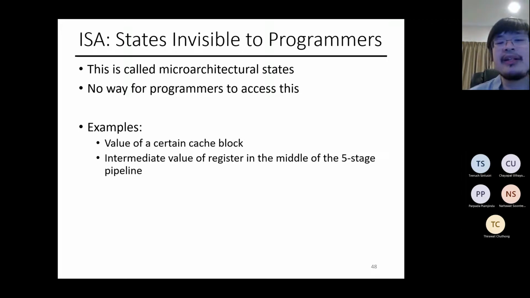What are the intermediate values of the register in the middle of the 5-stage pipeline? For those of you who went through a computer engineering or computer science degree, you might have heard about the 5-stage pipeline. You might have learned about it sometime while you're taking the class. Inside the 5-stage pipeline, from the programmer point of view, you have no way to control anything in there. You only know at the end of the instruction what happened to your register.